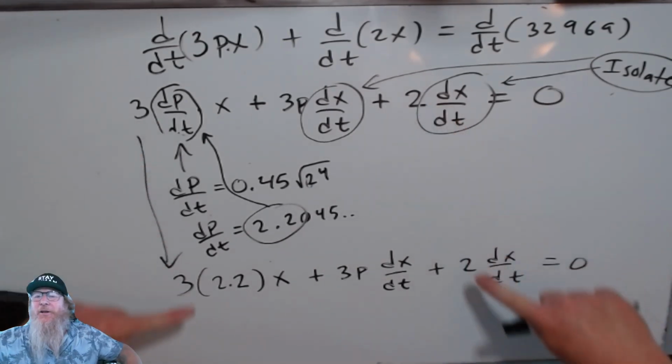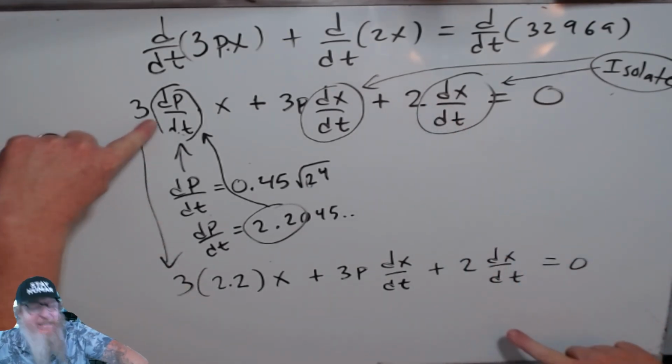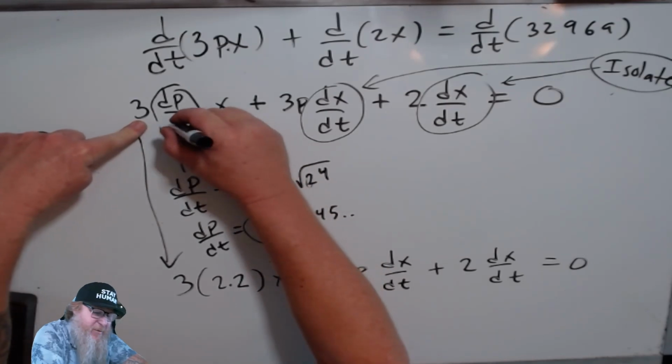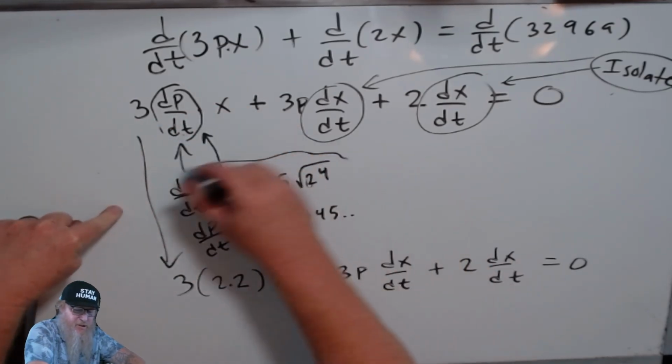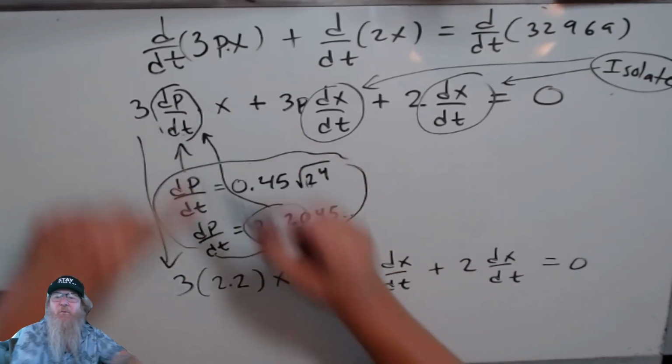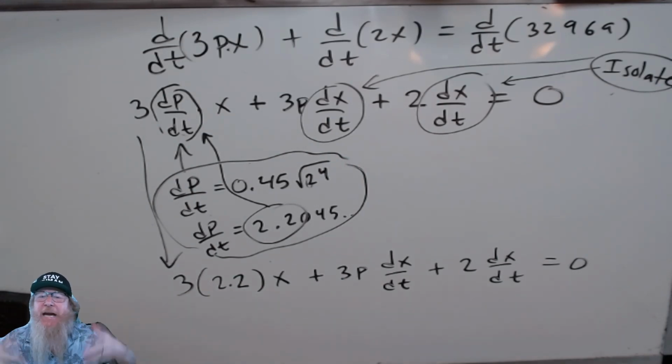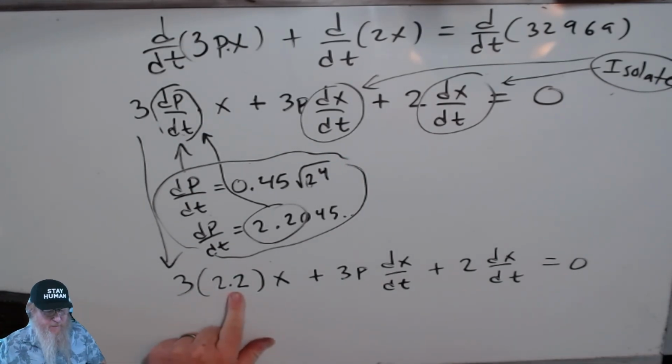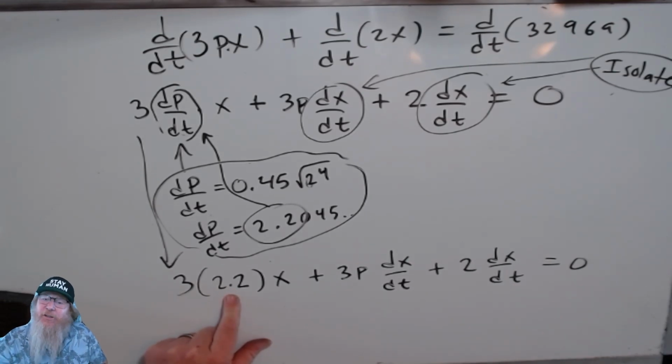I probably could have done this a few minutes ago, but I didn't know what dp dt was. So I did a little scratch work to figure out what dp dt is, the change in price over time. It's 2.2, which tells me the price is actually going up.